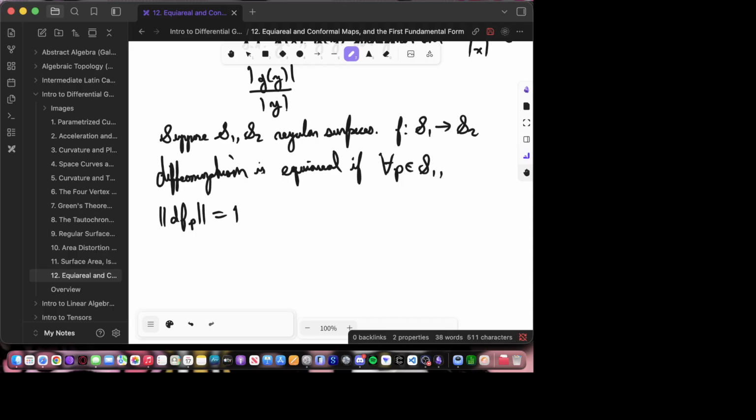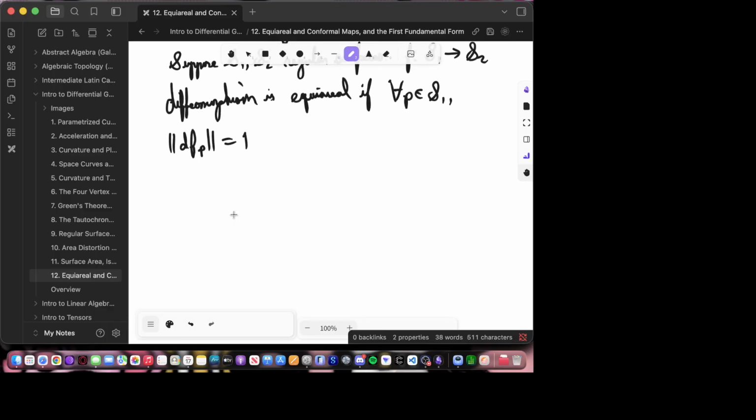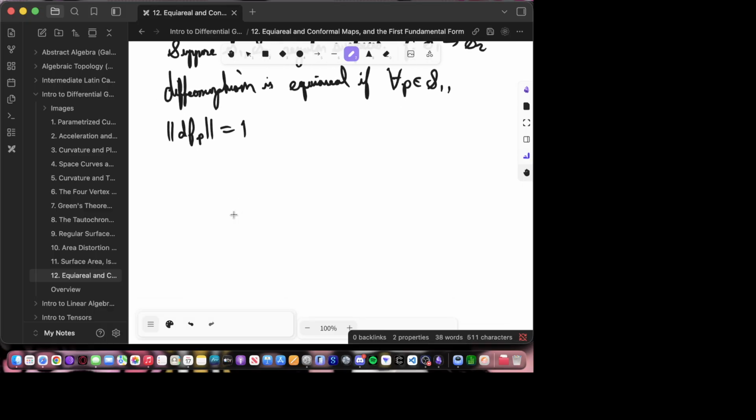So we say that a diffeomorphism F from S1 to S2 is called equiareal if for all P in S1, the area distortion equals 1.